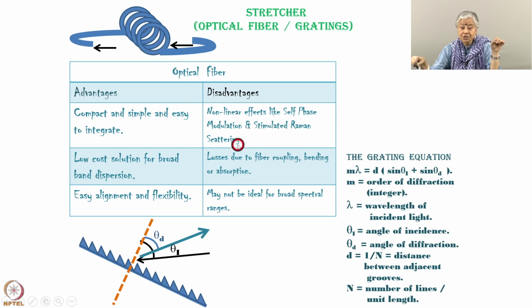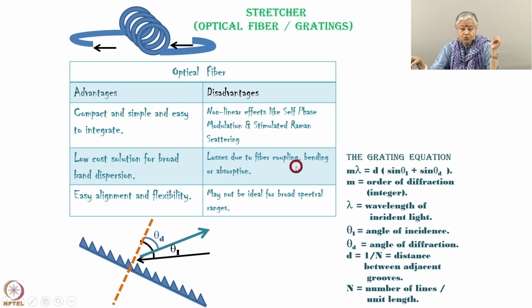Self-phase modulation will increase the length of the pulse, and then you have other nonlinear effects like stimulated Raman scattering, which has its own problems. We do not want any of these nonlinear effects, but you cannot help it, we are at a high intensity.